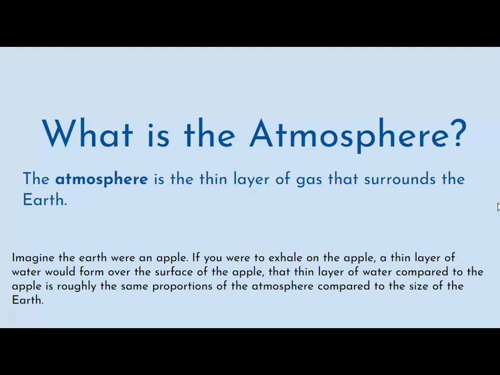So, the atmosphere is the layer of gas that surrounds the Earth. And this was actually really cool. If the Earth was an apple, then the Earth's crust would be as thin as the skin around the apple.